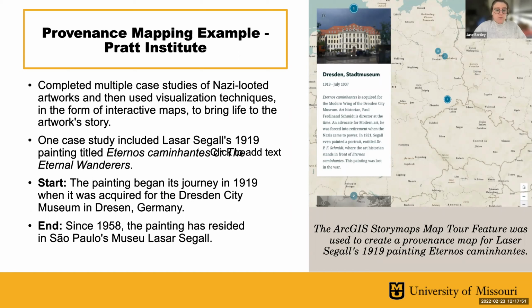I do hope this example helped visually show that provenance is not just an abstract concept. It can be visualized, it can be touched, it can be interacted with. But now to broaden our look, I'm going to turn it over to Dr. Buchanan, who's going to go further into our project and some of our early findings.